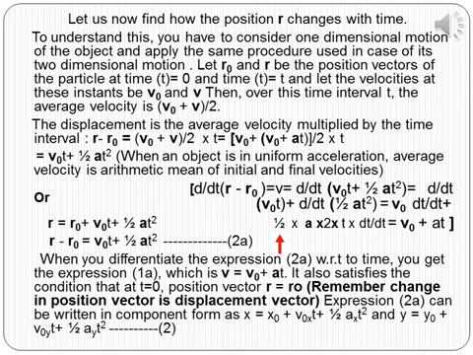When you differentiate the expression 2a with respect to the time t, you get the expression 1a, which is v is equal to v0 plus at.